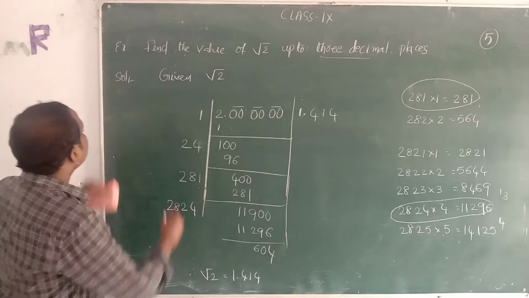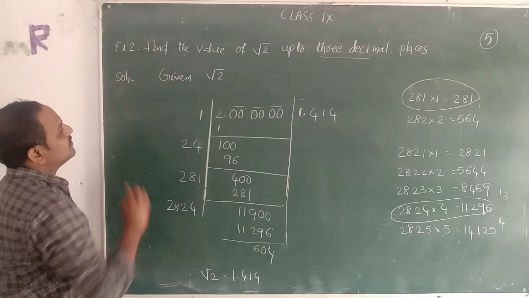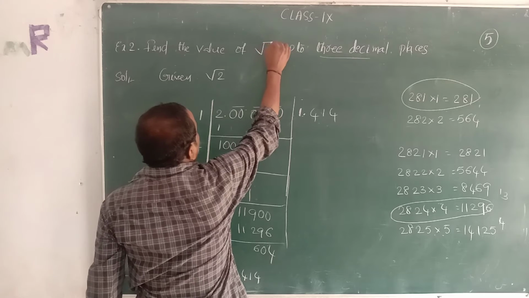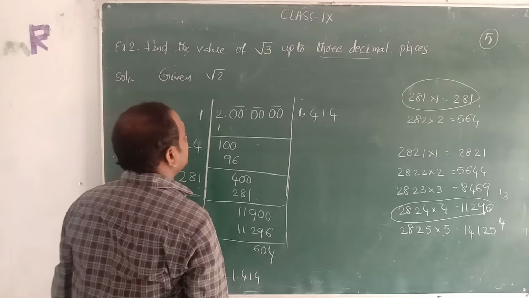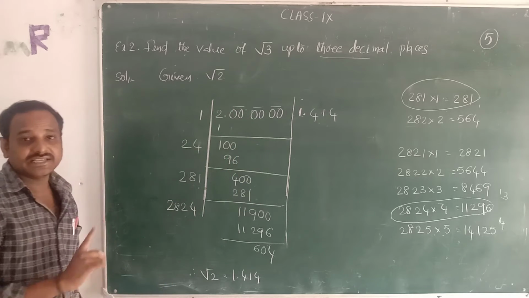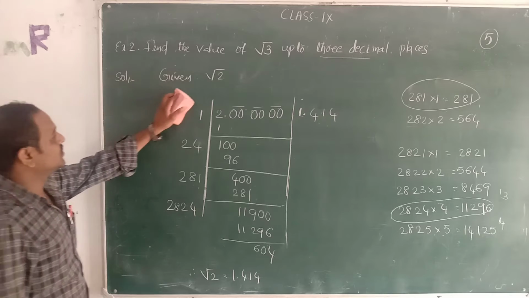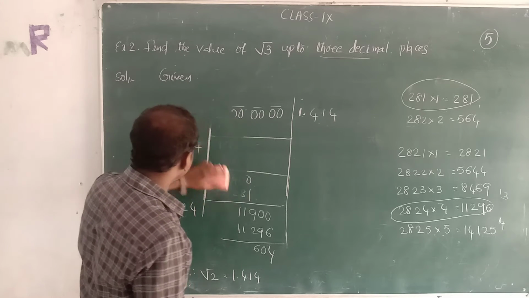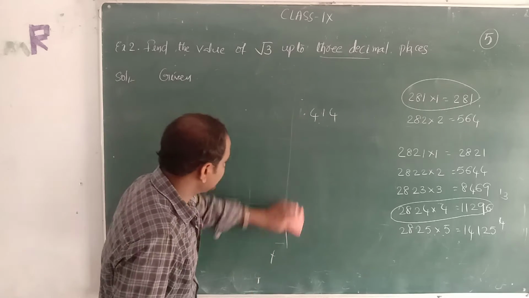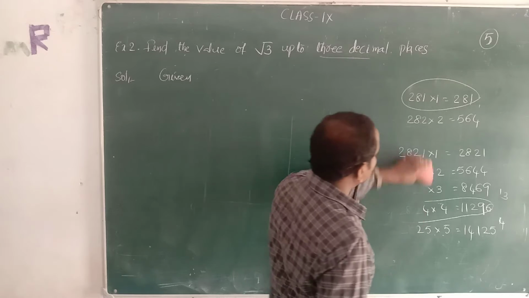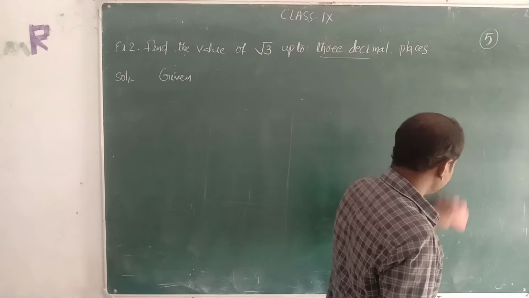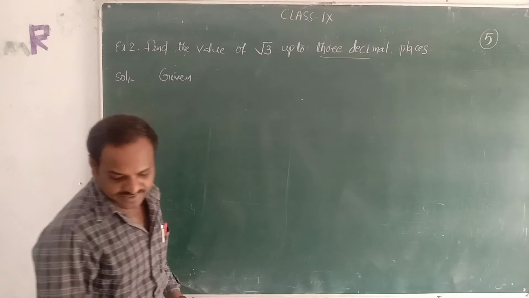Now example 2. Find the value of root 3 up to 3 decimal places. So what is the process to find the value of a given irrational number, root 1, root 2 or root 3, root 5, whatever it may be, which is not a perfect square?